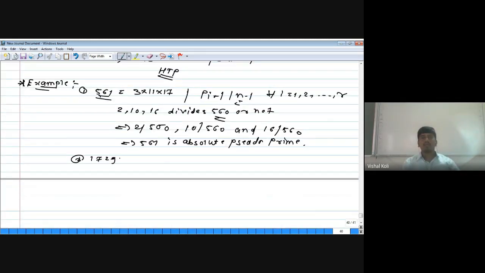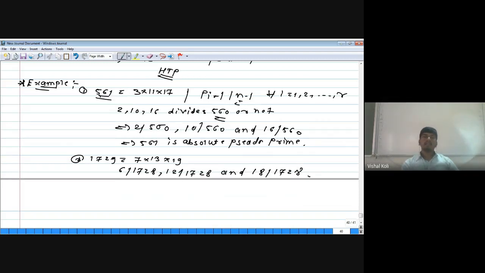1729 is nothing but 7 into 13 into 19. So here we just have to check whether 6 divides 1728. 13 minus 1 will be 12, 19 minus 1 will be 18. So 6 divides 1728, 12 divides 1728 and 18 divides 1728.